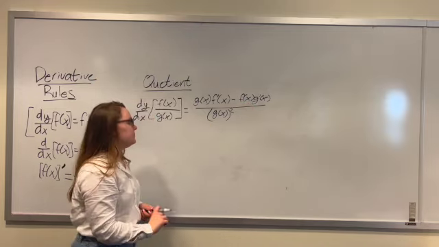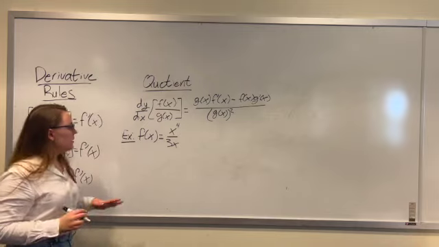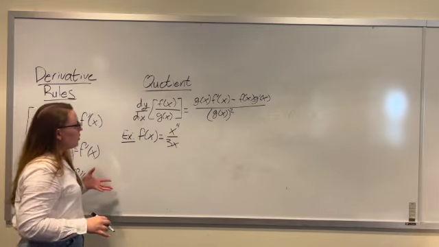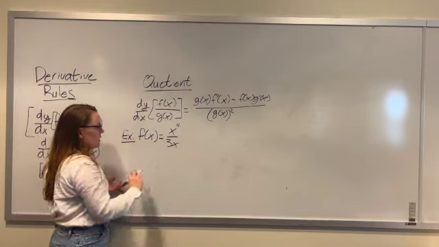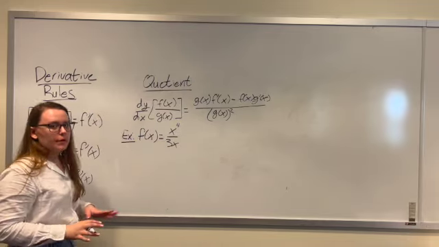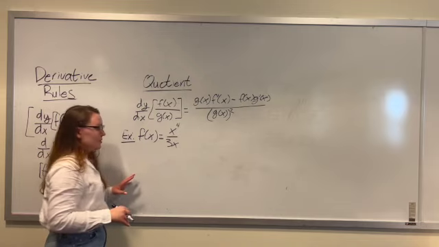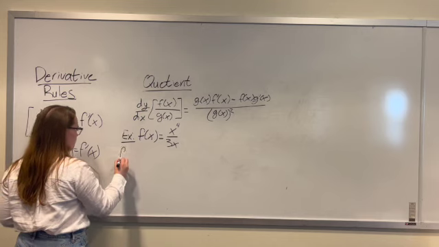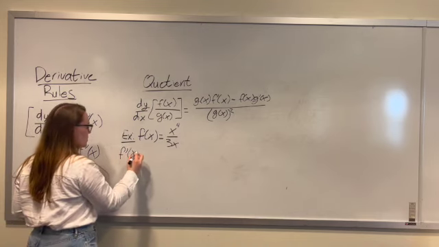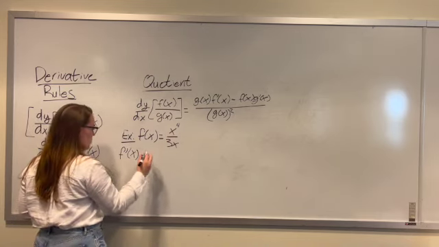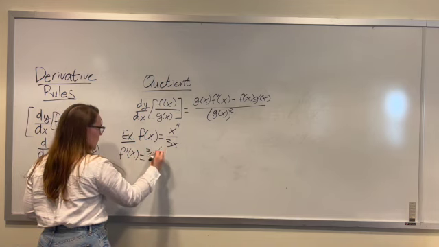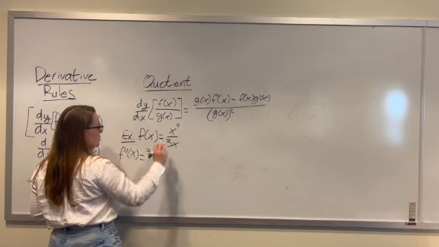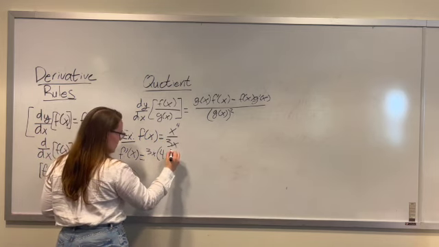Say we are given the equation f of x is equal to x to the fourth divided by 3x. Like before, we could just simplify this out and use the power rule, but right now we are using the quotient rule, so that's what we're going to use. So that means that f prime of x is equal to low d high, which is using the power rule, 4 times x to the 4 minus 1, which is 3.